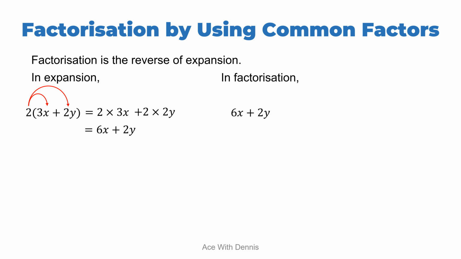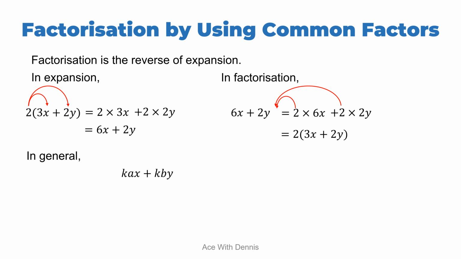In factorization, 6x plus 4y can be written as 2 times 3x plus 2 times 2y, and we can take out the common factor of 2. The result is 2 bracket 3x plus 2y. In general, for kax plus kby, the common factor is k, hence we can take out the k and we get k bracket ax plus by.